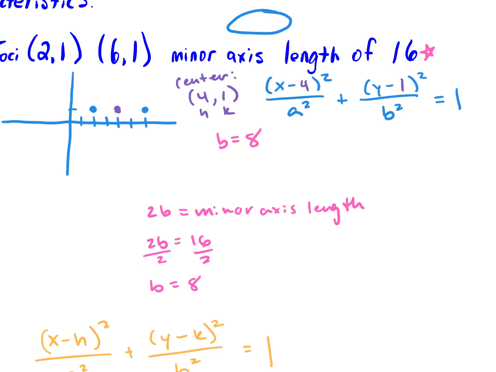So if I wanted to, I could plug that into b squared, so that would be 64. Because b is the distance from the center to the minor vertices, and it gave us the length of the whole minor axis, so we would just cut that in half.